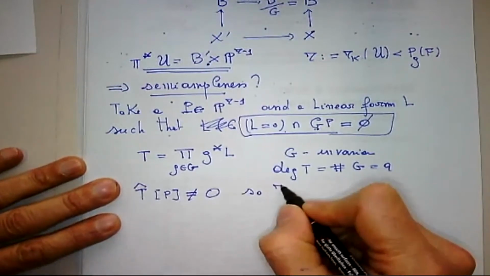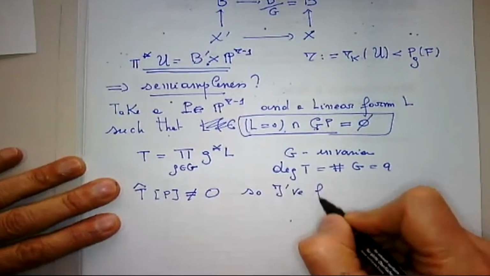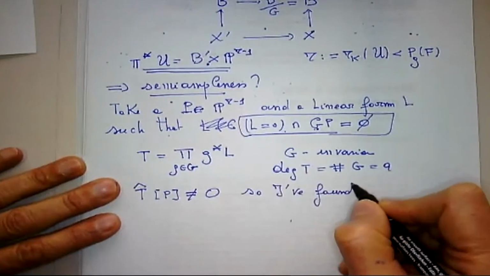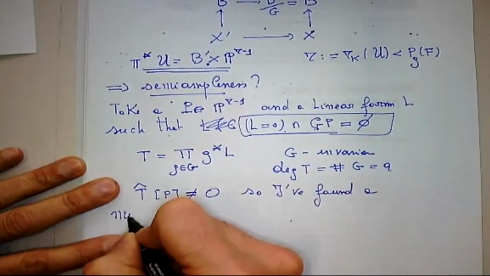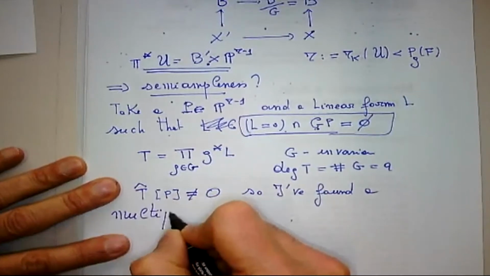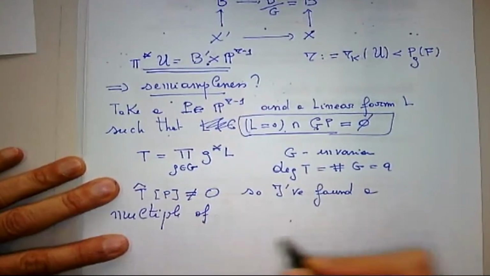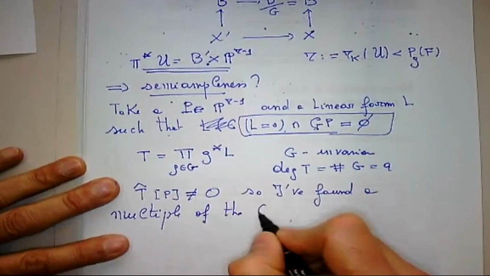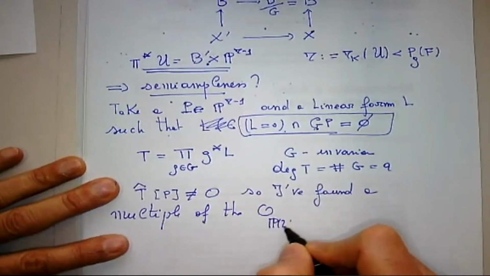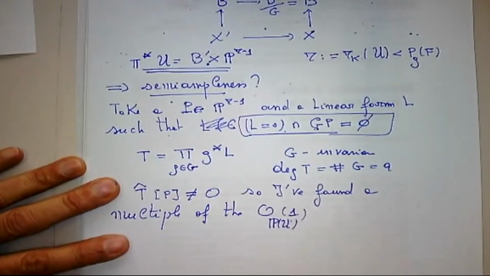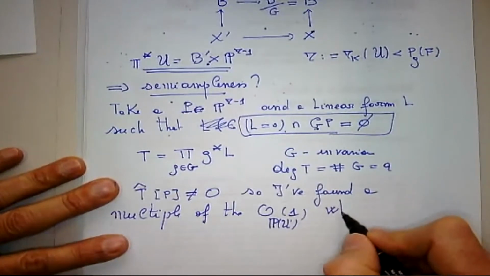So I have found a multiple of the tautological sheaf, actually a multiple of this, which is generated.